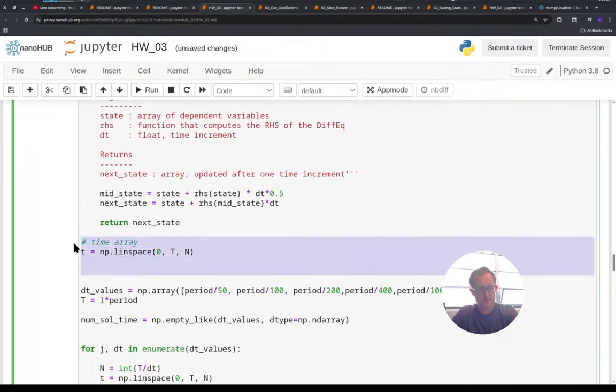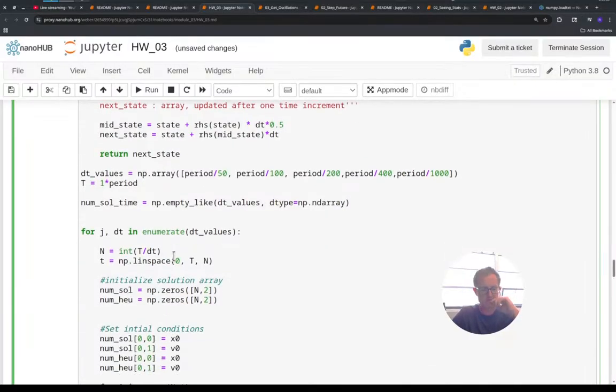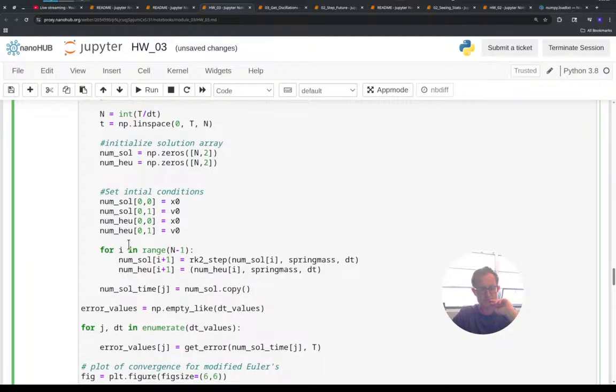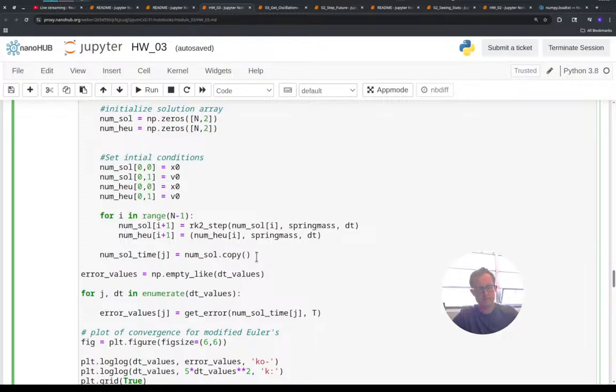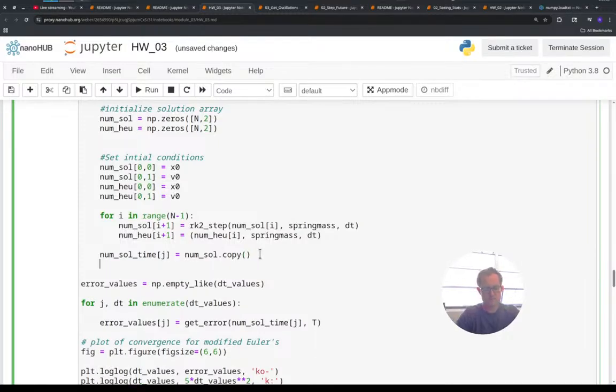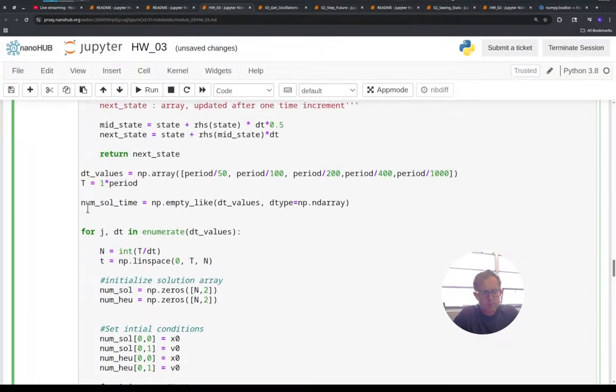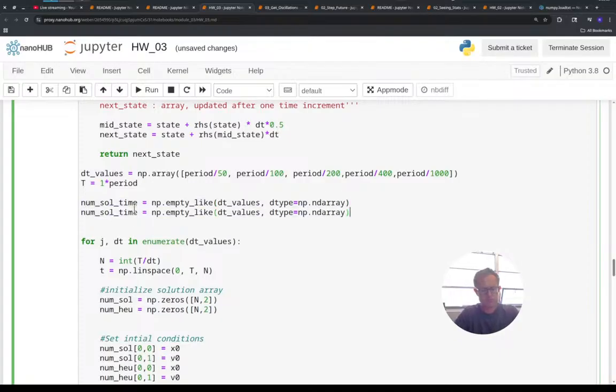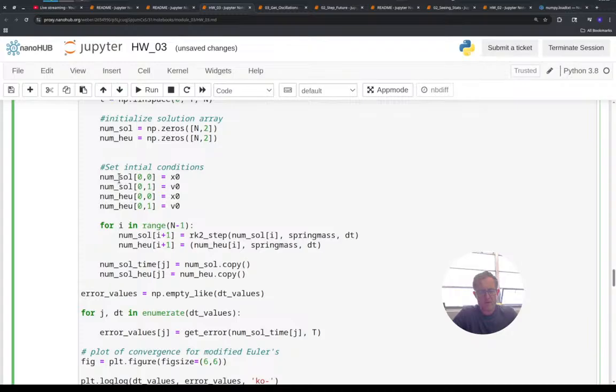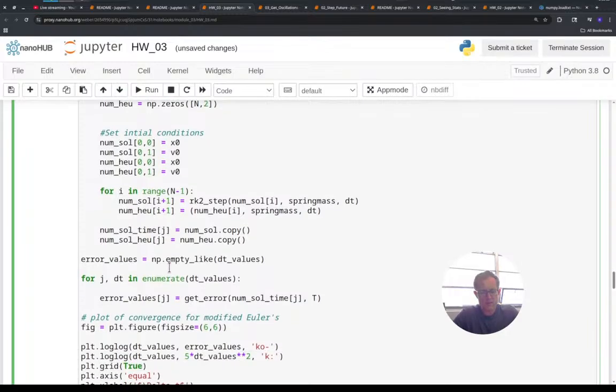I don't want to do it twice. So I'm just taking everything that was numsol and adding that HEU value to it.